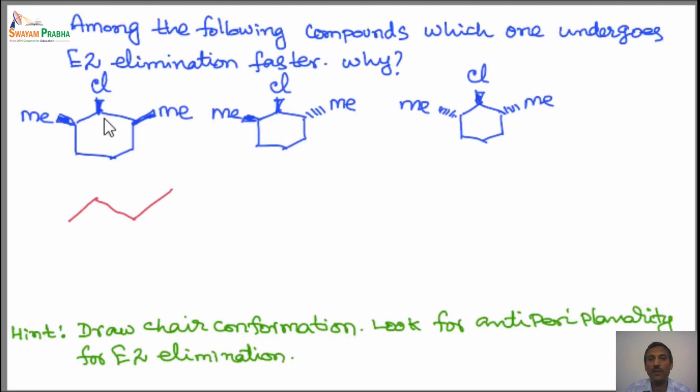From this it is very difficult to identify anti-periplanarity. So we have to convert this cyclohexyl derivative into the chair conformation, and once we draw the chair conformation, then it becomes much easier for us to identify which one will undergo E2 elimination, because anti-periplanarity can be found in few of the substrates. We have to identify which one will undergo the elimination much faster.